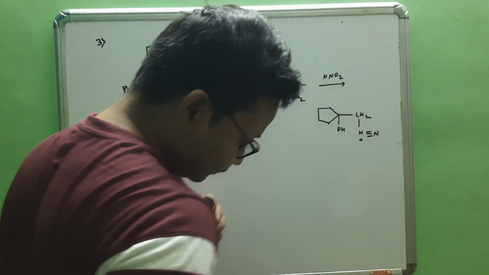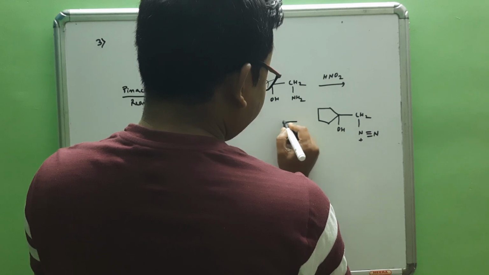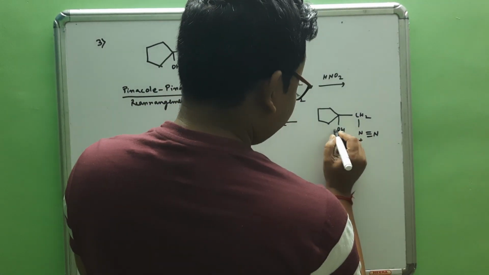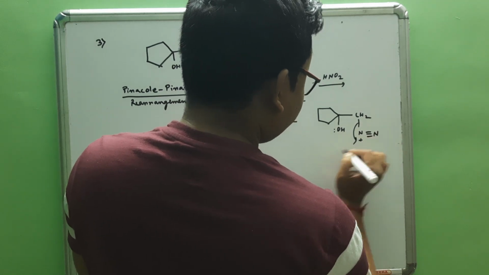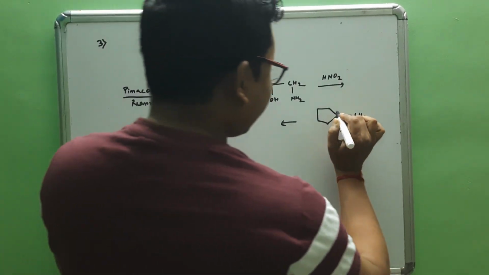This is plus. So this is basically a very unstable compound because this is a polar compound. So the N2 will be eliminated. So when N2 is eliminated, the bond shifts.